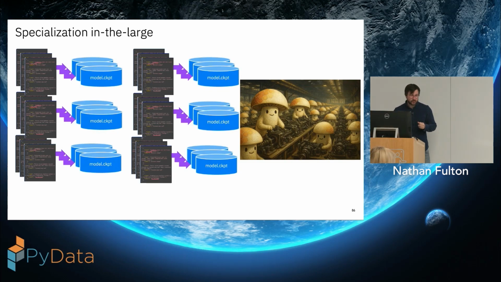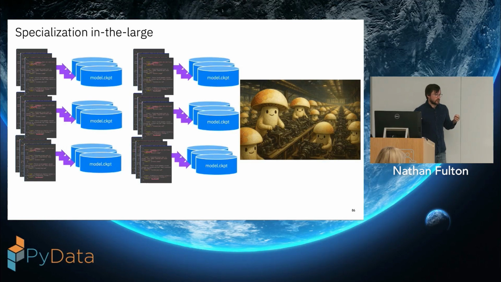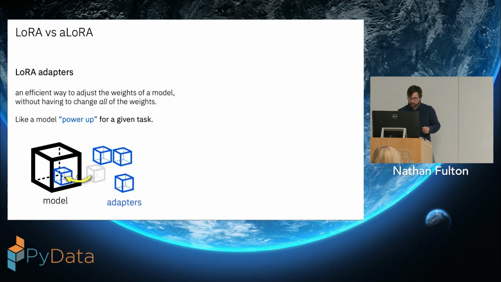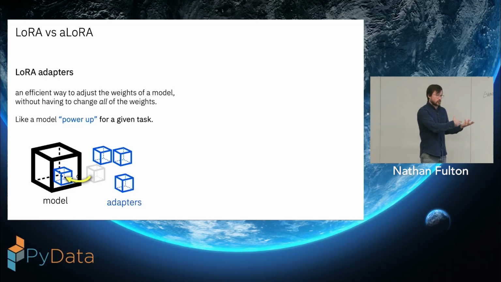And there are serious costs associated with that, right? You don't want to host a huge number of specialized models. That gets expensive, either in terms of cost or in terms of latency or both. So for that reason, people often use these adapters. You can keep a single base model and swap out these adapters.